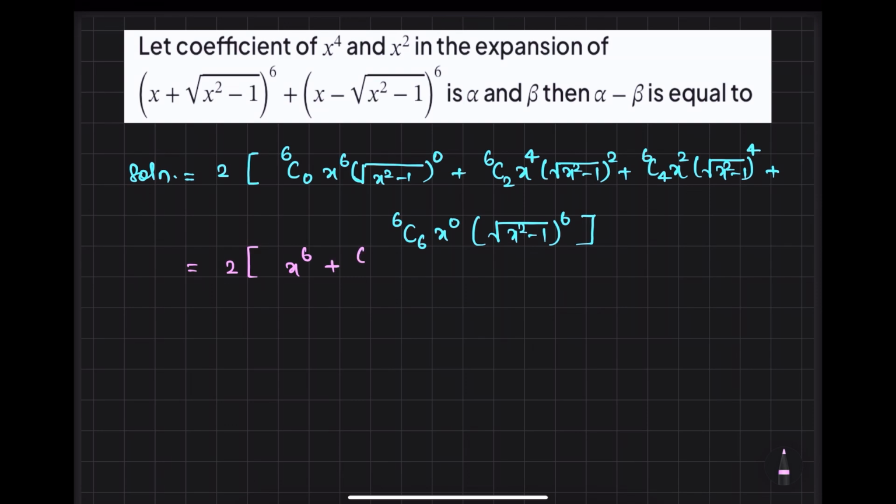So 6c2 x power 4 and then x square minus 1, plus 6c4 x square and then x square minus 1 whole square, plus 6c6. 6c6 is 1 only, na? So we will use that result. X power 0 is 1 and then x square minus 1 power 3.